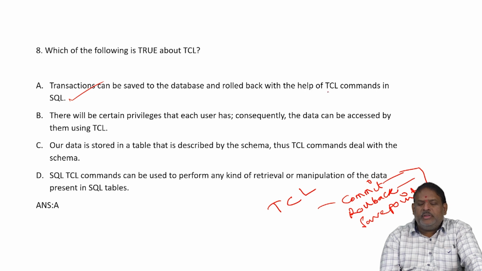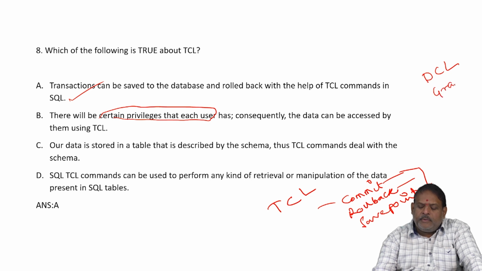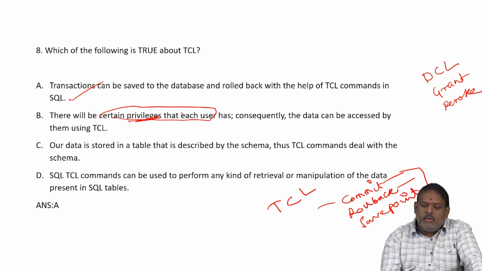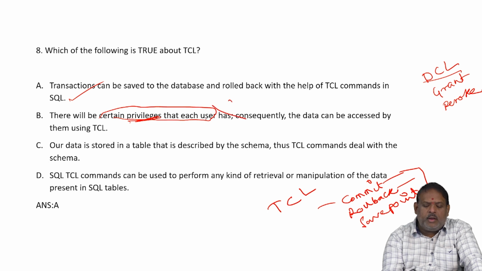Next: there will be certain privileges that the user has, consequently the data can be accessed by using TCL. See, privileges to the user are only possible by using DCL commands, those are grant and revoke. So privileges means DCL. This is not associated with TCL. So this is the wrong answer.